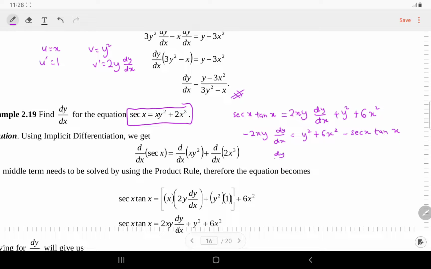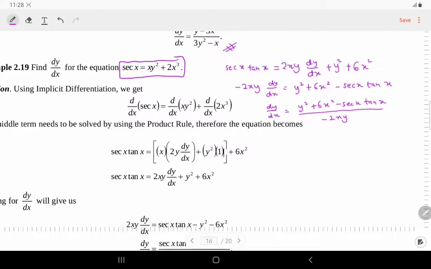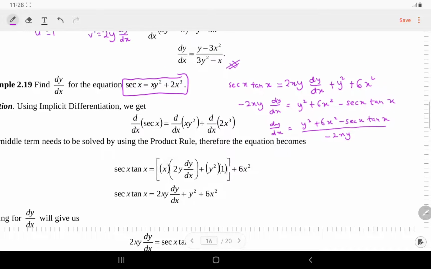Then dy over dx equals y squared plus 6x squared minus secant x tangent x, divided by negative 2xy. Usually in a fraction we don't put a negative in the denominator, so we need to change all the signs here.